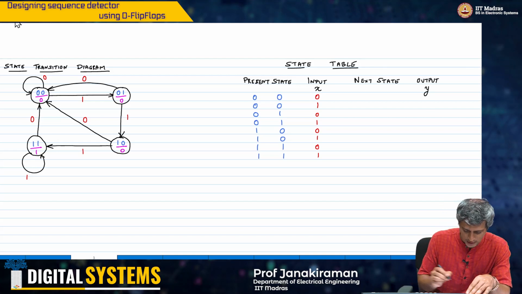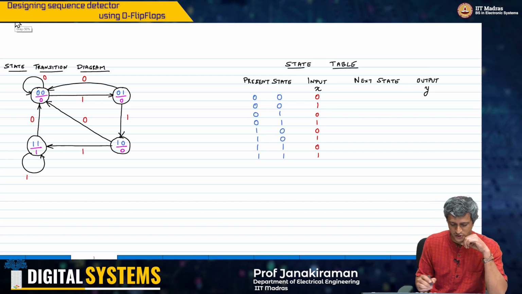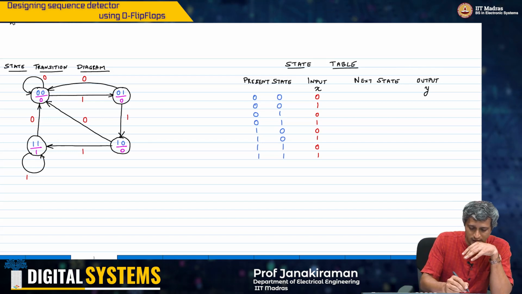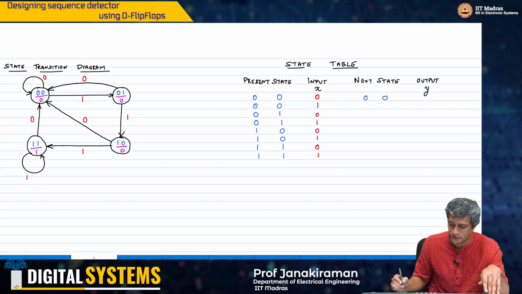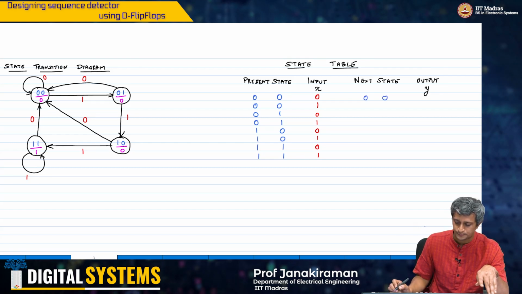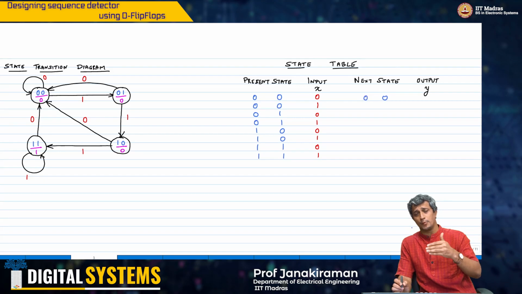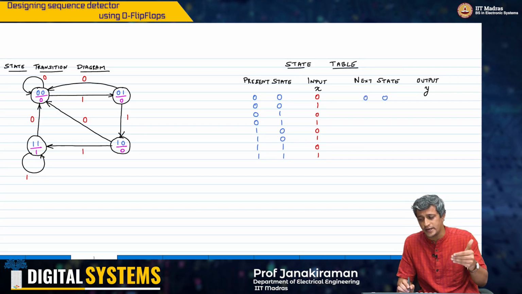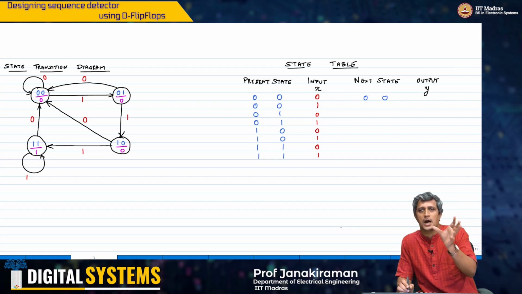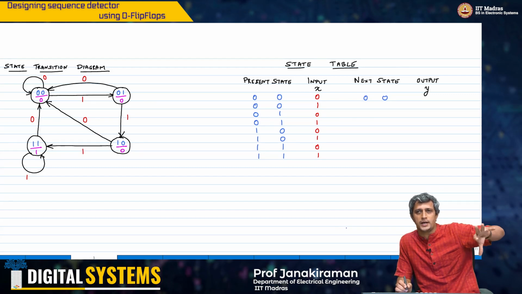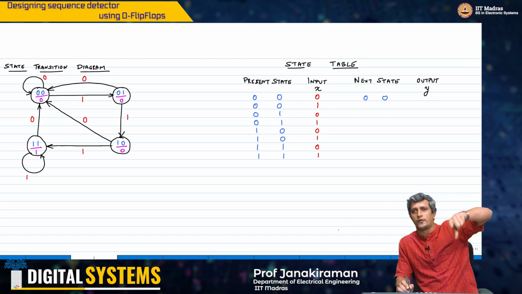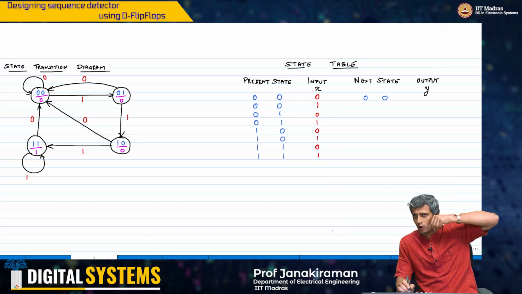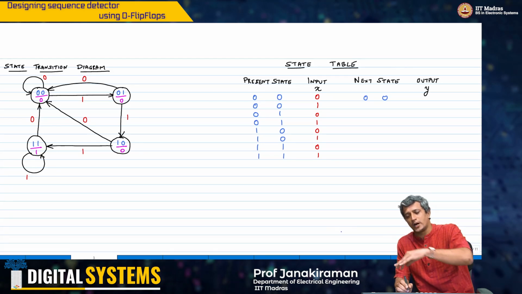So the next state is, if the present state is 0 0 and I am receiving an input of 0, then the next state is also 0 0. Remember earlier what we did was to start with the circuit diagram and propagate the outputs until the input to the flip-flop, D or J, K, and all that, and based on that we figured the next state.